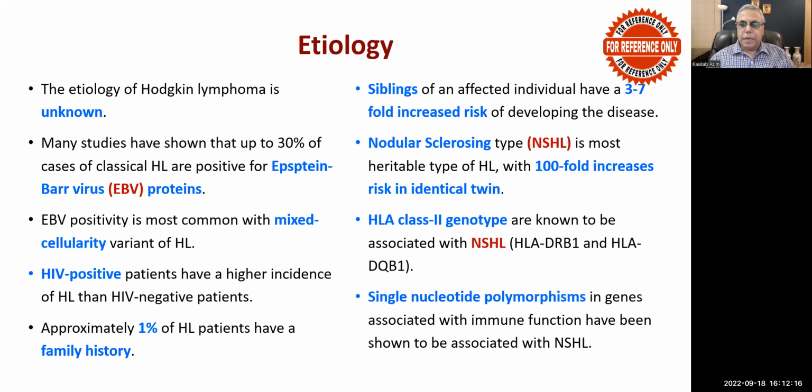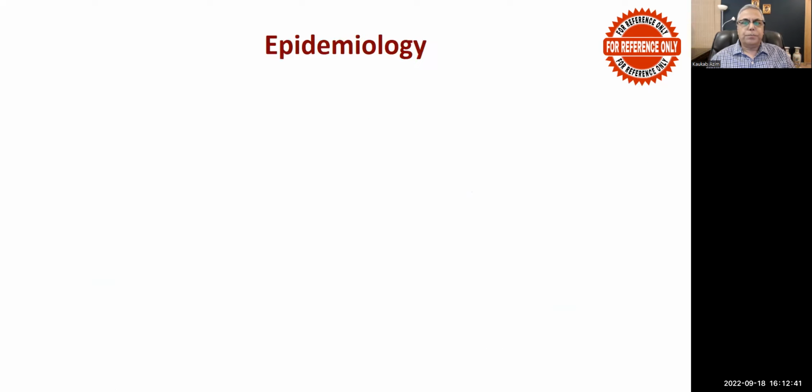And single nucleotide polymorphisms in genes associated with immune function have been shown to be associated with nodular sclerosing type, right? So it is not very clear. There are many things that we know are associated with Hodgkin lymphoma, but we are not very clear, although we are quite sure that there are many cases which result from Epstein-Barr virus infection.